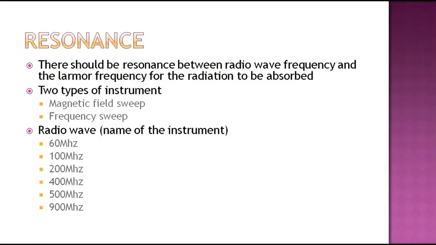As usual, as we do in IR, we will scan from one radiation to another radiation. If you take the example CH3CH2OH, the CH3 protons will absorb in one region, the CH2 protons will absorb in another region, and OH will absorb in another region, right?